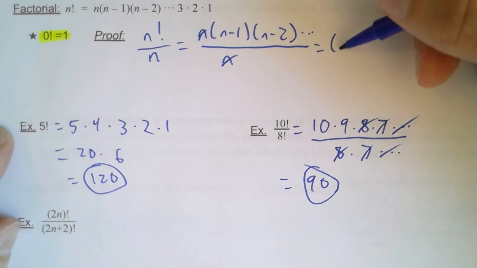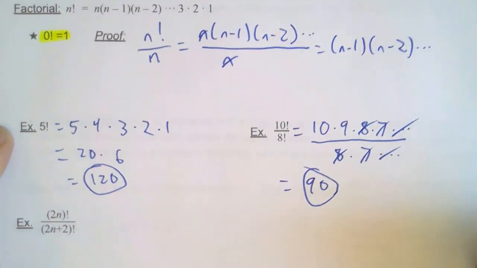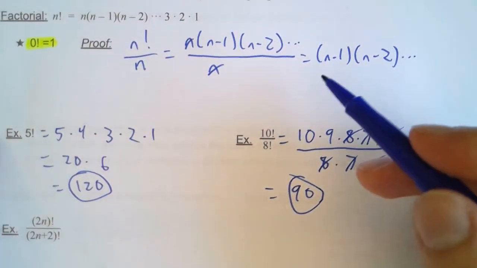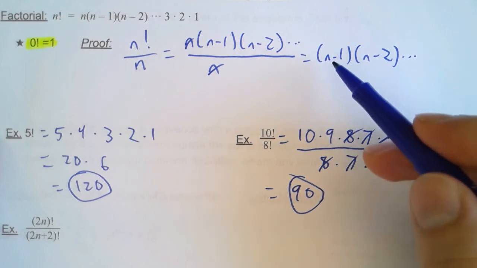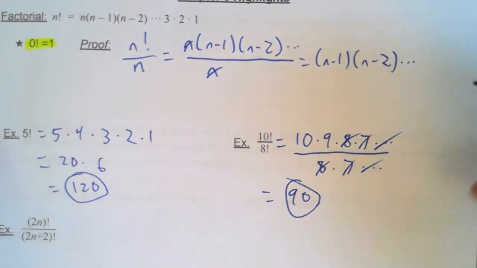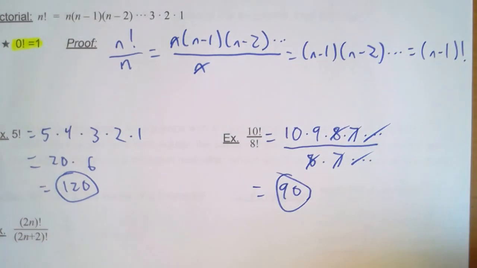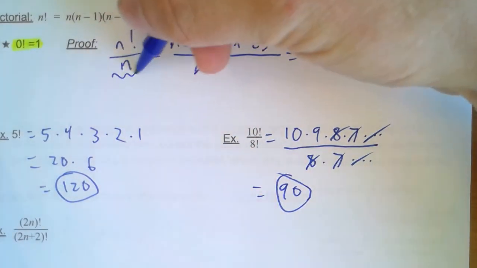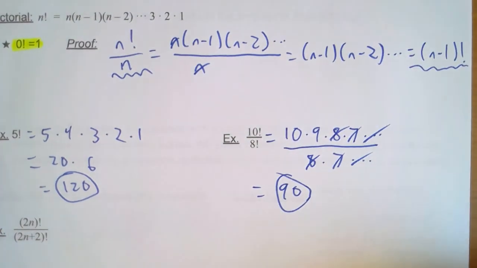And so we're left with n minus 1 times n minus 2, and so on. Well, that is n minus 1 factorial. We're starting with n minus 1, then the next smallest number, the next smallest number. So we know that n factorial divided by n equals n minus 1 factorial.